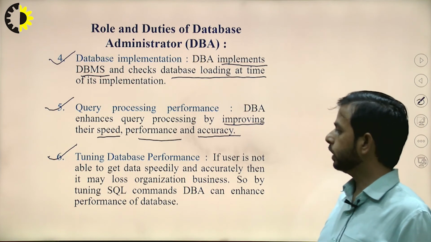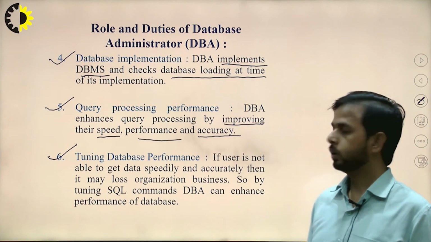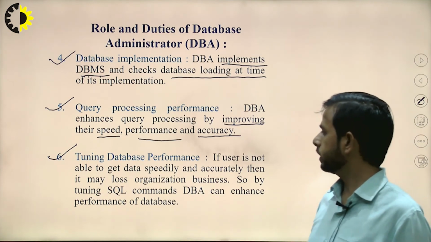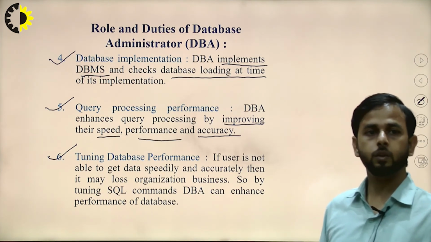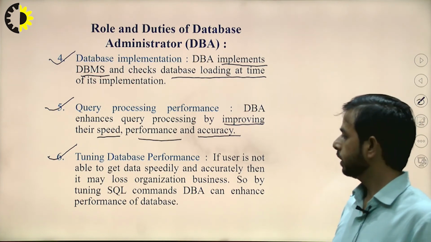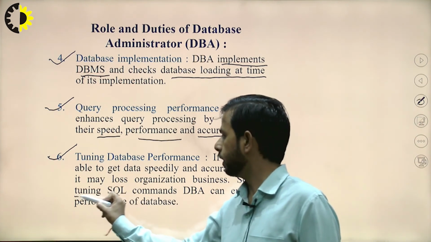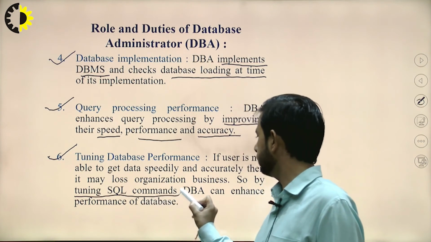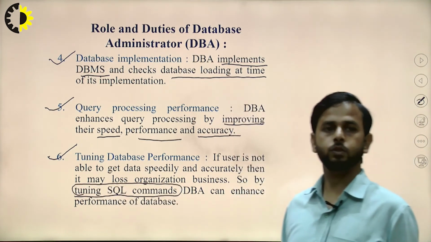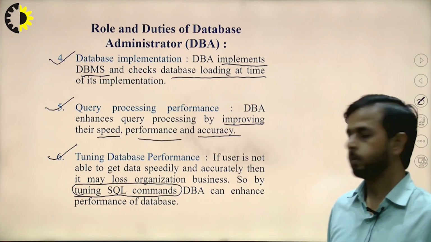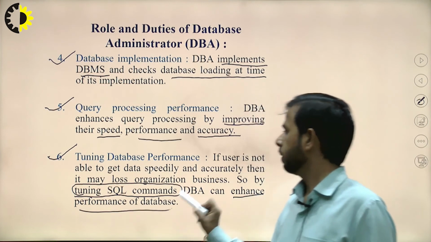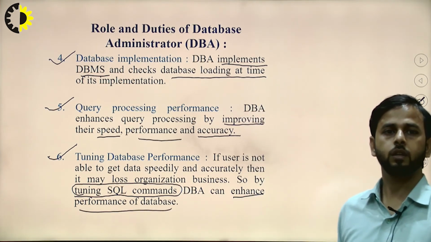If a user is not able to get data speedily and accurately, then the organization may lose business. So by tuning SQL commands, the DBA can enhance the performance of the database.